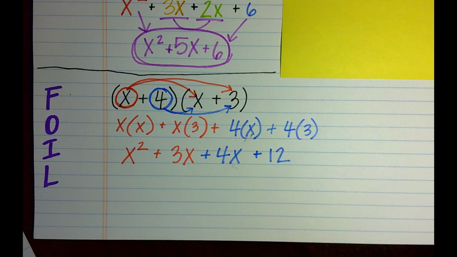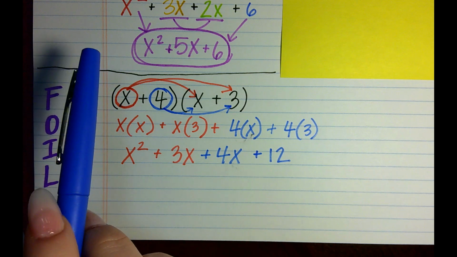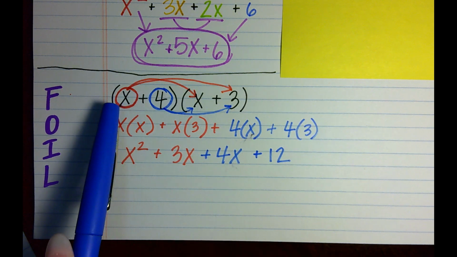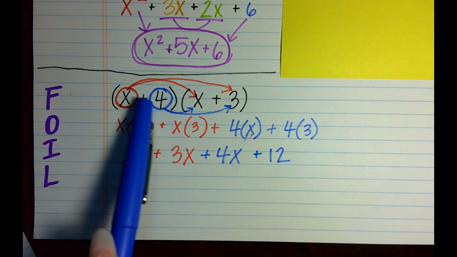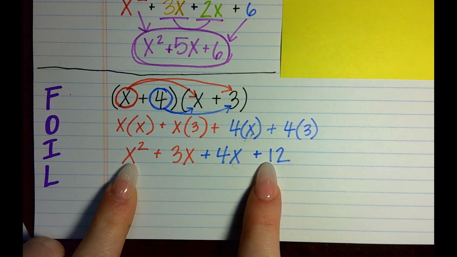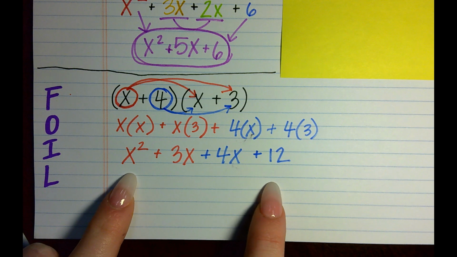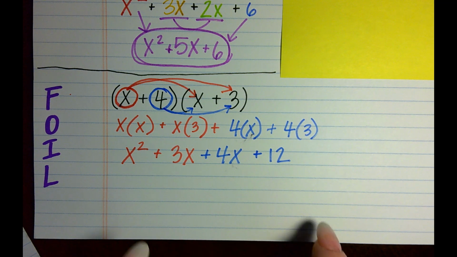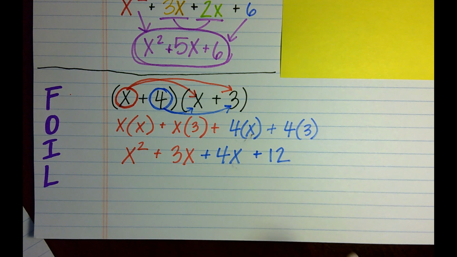Good. So we did our first terms, our outer terms, our inner terms, and our last terms. We have now distributed everything. We've multiplied it all out, and we are here. I have x squared plus 3x plus 4x plus 12. Now I need to combine my like terms. 3x and 4x. Those go together.